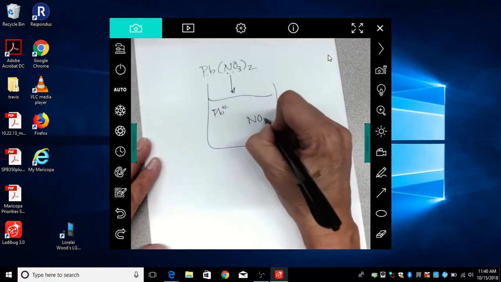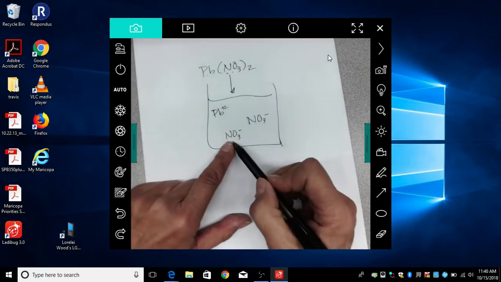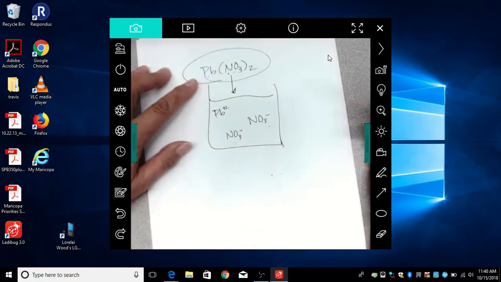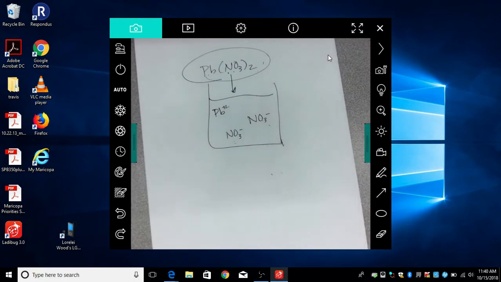Then I'm also going to have these components in my solution, and I put them in a ratio of 2 to 1 because that's the ratio that the compound is. Now keep in mind, these are ionic substances. They do not exist in isolation by themselves. They exist as 3-dimensional lattice structures, and when you put a piece of it in water, the water starts to attack it.